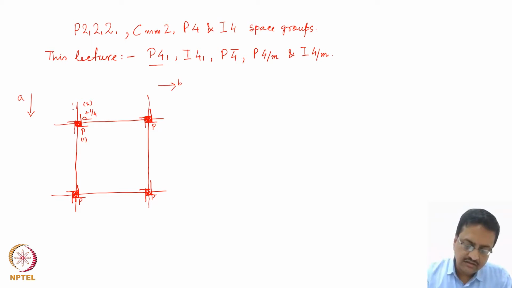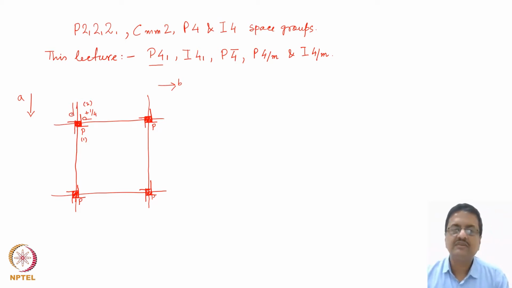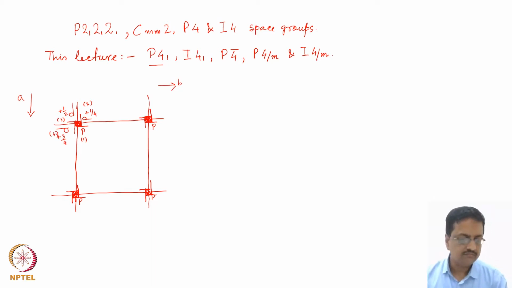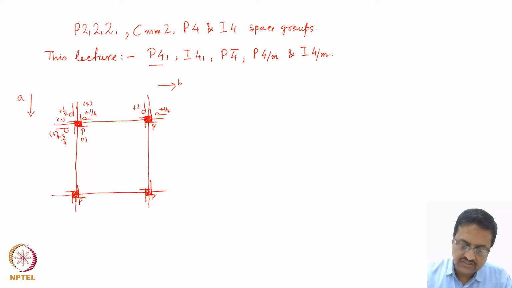Now I rotate this point by another 4-1, which means rotation by 90 degrees and translation by 1/4, so this is plus half. This point is point number 3. Then the fourth point is plus 3/4, point number 4. So there are 4 equivalent points around this 4-1 screw axis. We should draw the symmetry related objects as well. I am quickly drawing the symmetry related objects.